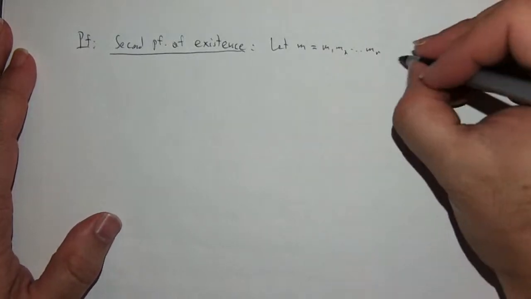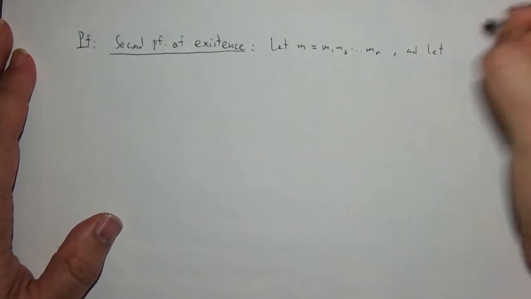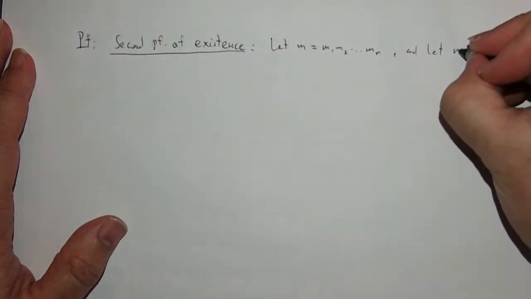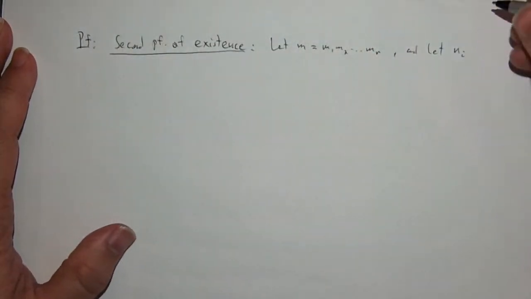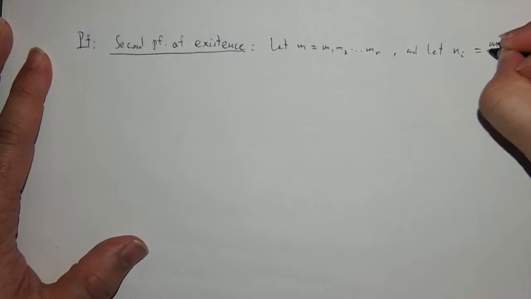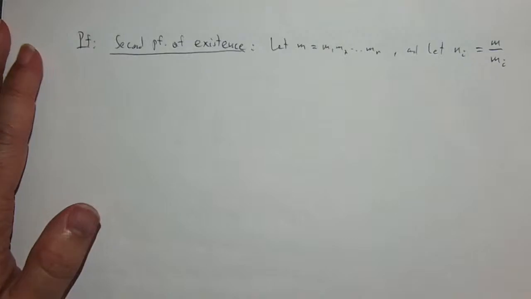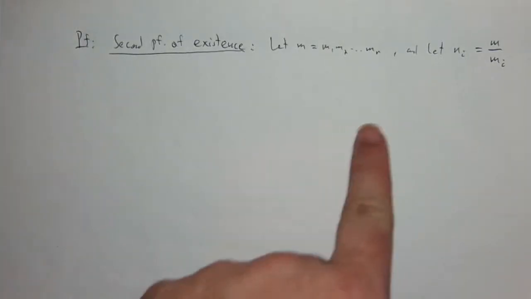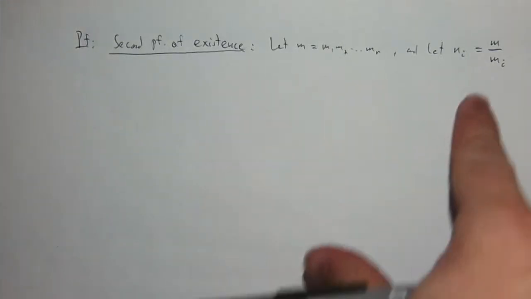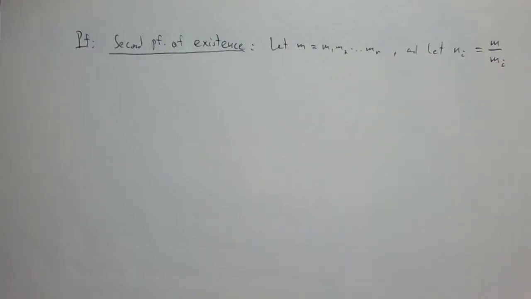Okay, and let n sub i be M divided by m sub i. Okay. So one way of thinking about this, of course, is that it's the product of all the m's except m sub i, which is not included. Okay. So it's the product of all the m's except m sub i. Okay.